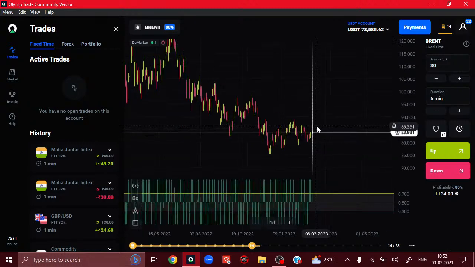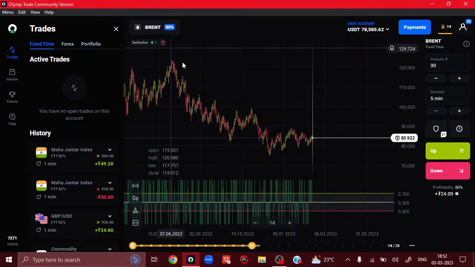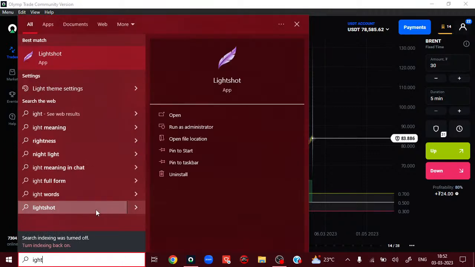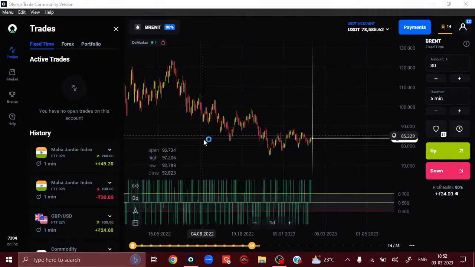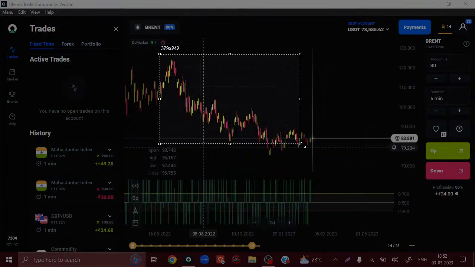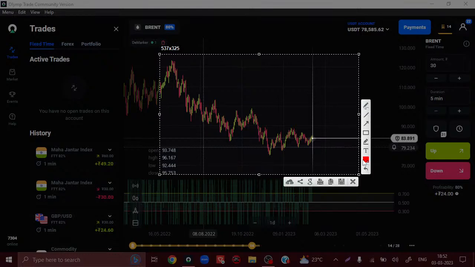See, in 1 day time frame, we can see sort of a rising wedge here. I would like to demonstrate this. Just give me a minute. Okay, so this is a rising wedge.